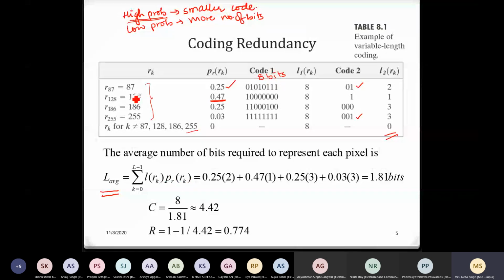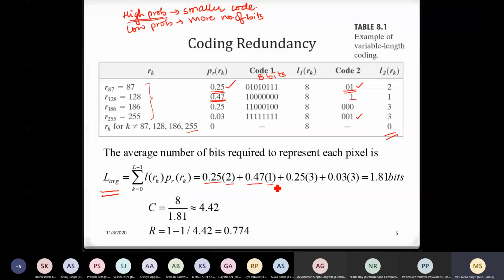So for example, for R87, the number of bits for this variable length code is 2 and the probability of this symbol is 0.25. So 0.25 gets multiplied with the number of bits, which is 2, plus the second symbol has the probability 0.47, multiplied by the number of bits required, which is 1.